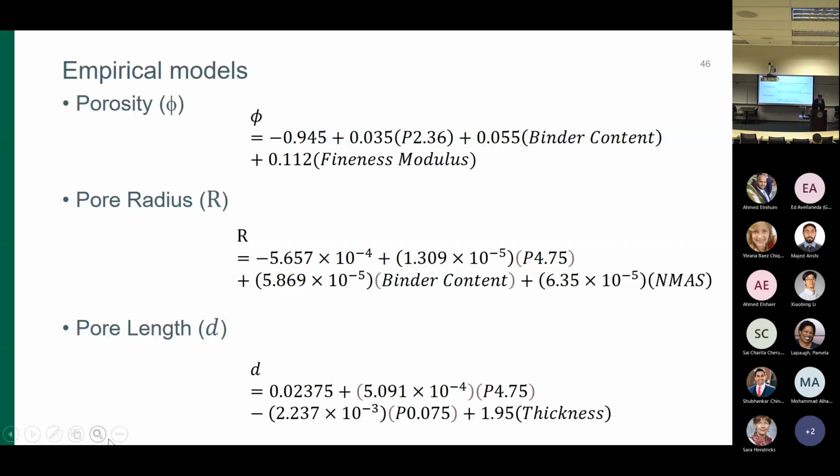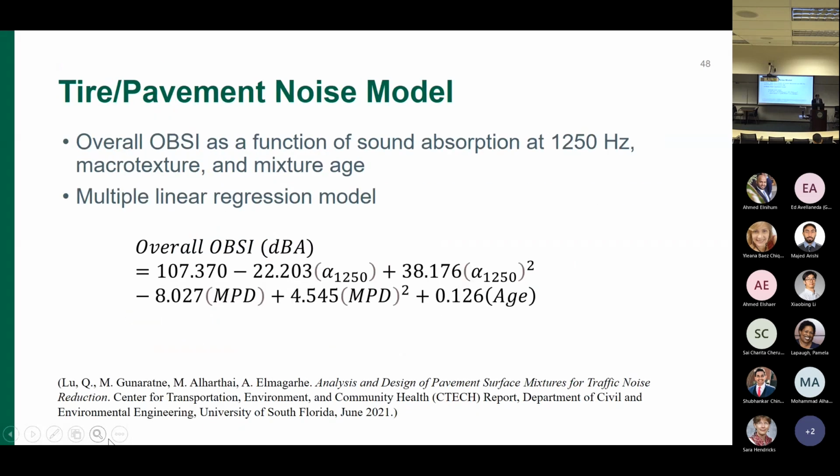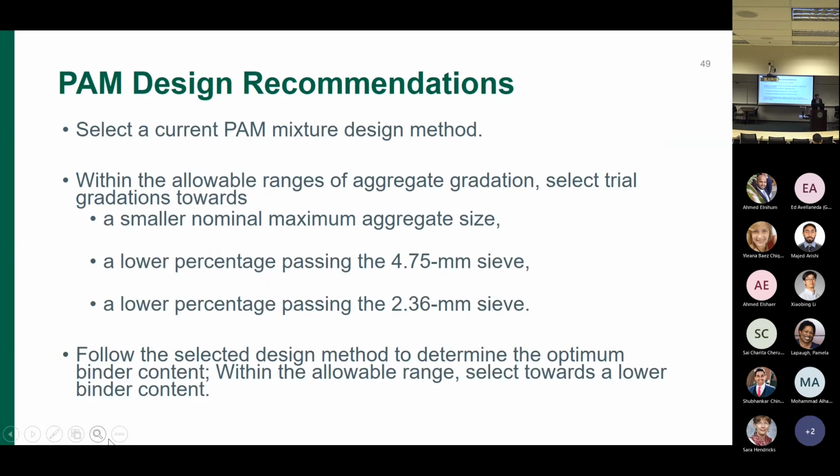This gives us the capability to evaluate different designs of the porous mixture to optimize the noise performance.